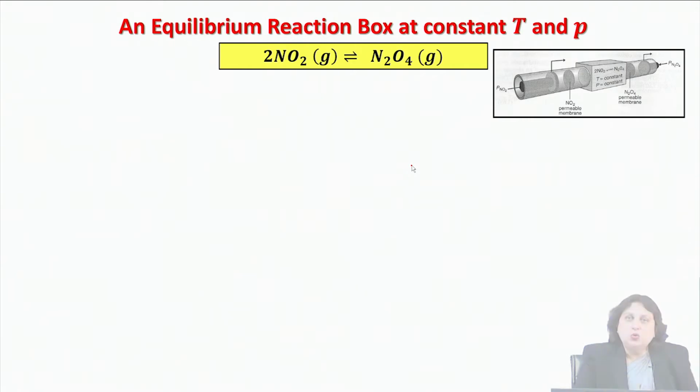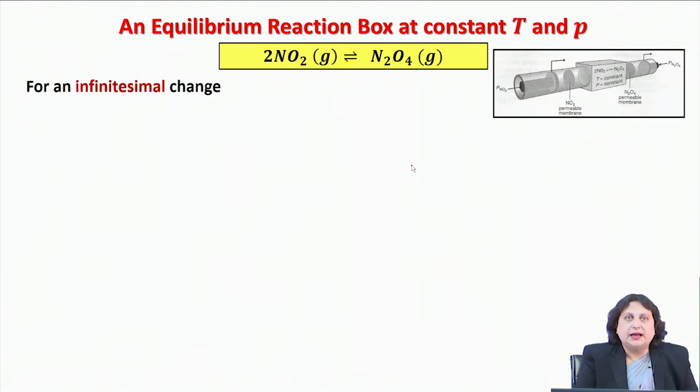we can look at this situation a little more closely and decide what has happened while we allowed NO2 to enter the reaction box and N2O4 to be withdrawn from the reaction box, both at their individual partial pressures at the given temperature T and total pressure P. In order to do that, let us think about an infinitesimal change.